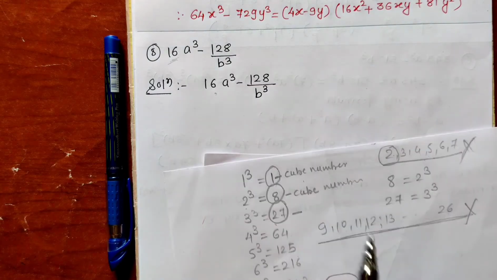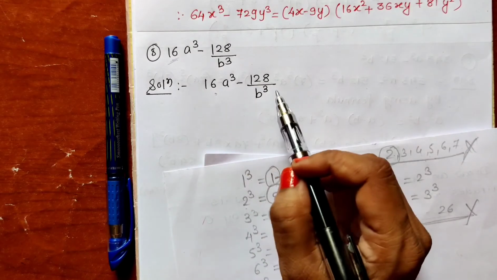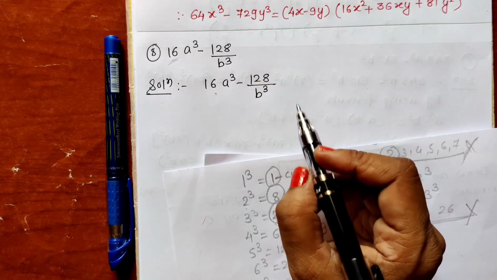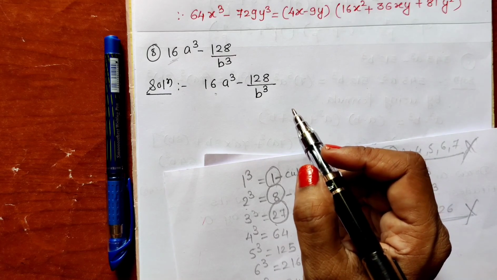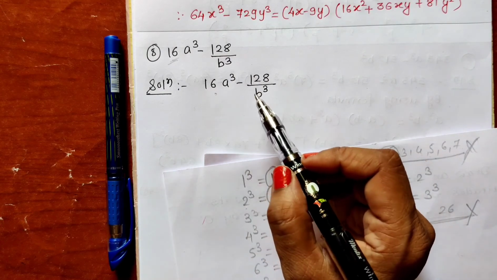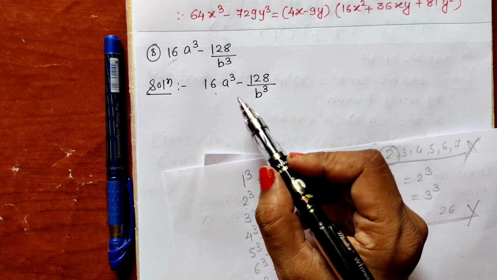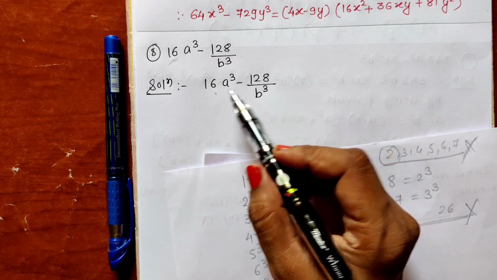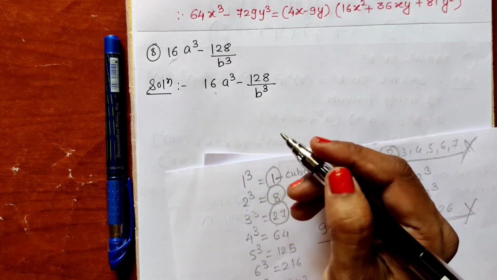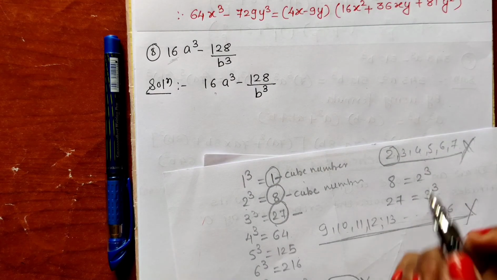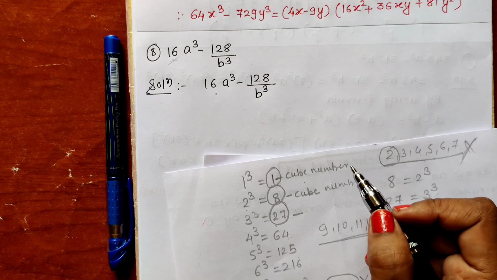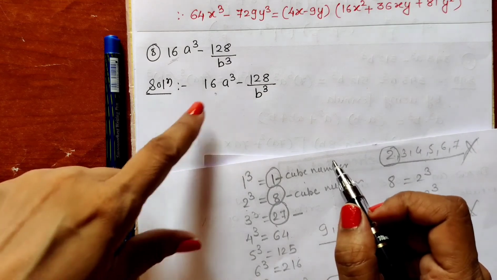So when the terms cannot be converted into cube numbers, what do we have to check? We have to check whether we can take something common out of these two numbers. So from 16 and 128, what can be taken out common? We cannot divide 128 by 16, so we cannot take out 16 as common. Can we? I think we can divide 128 by 16.